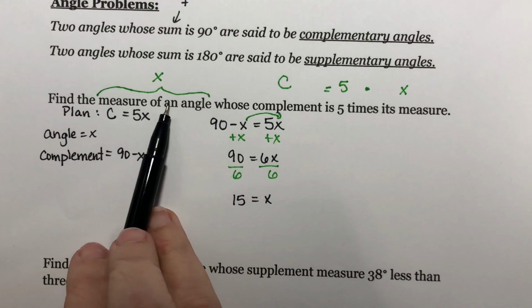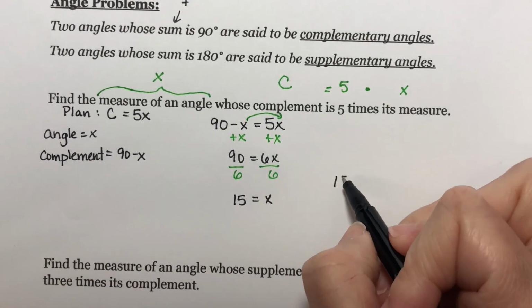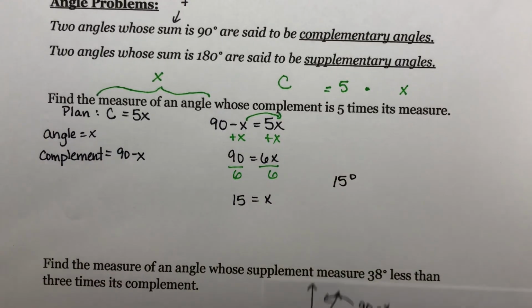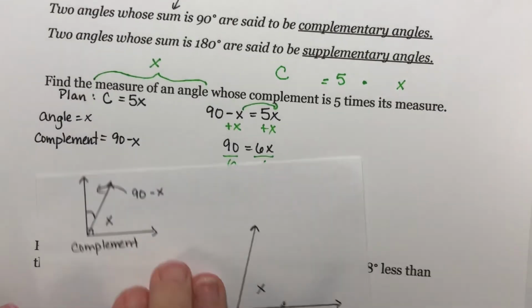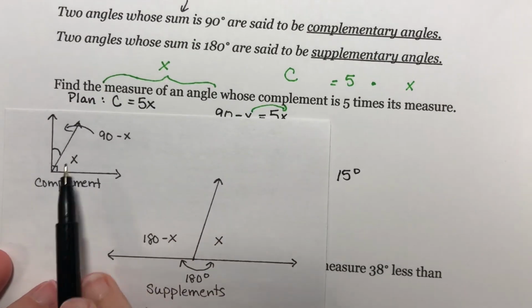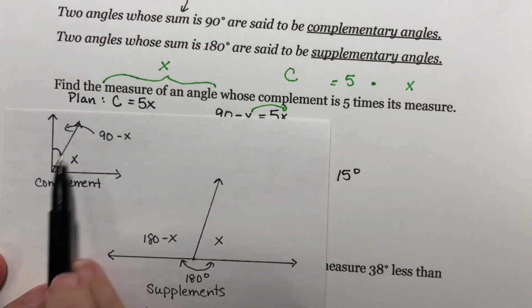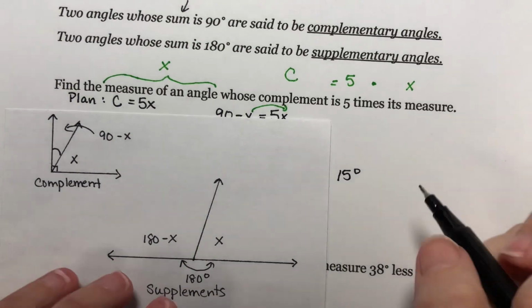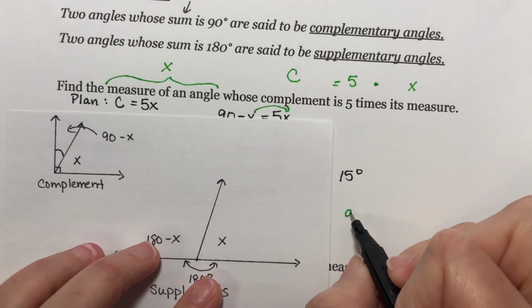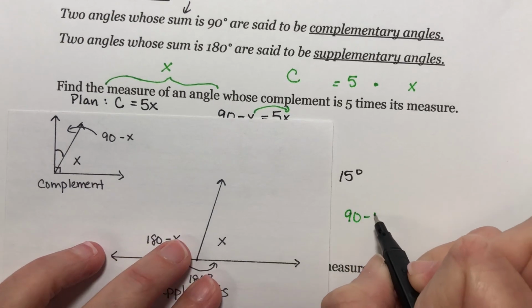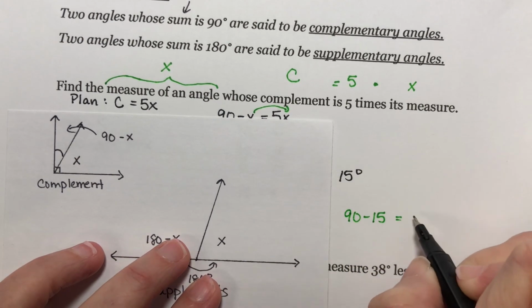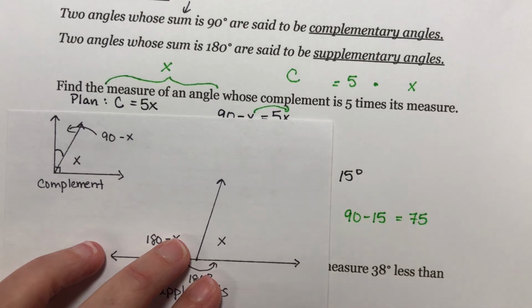That's what I am asked to find. 15 degrees is reasonable. It is not a negative number. Okay. It is less than 90. And if you're asked to find the angle and its complement, even though this one did not do that, if I were asked to find its complement, I would calculate 90 minus 15, which would be 75.